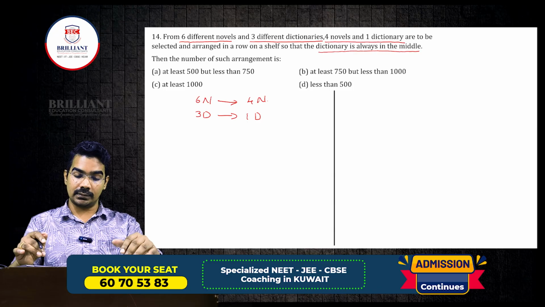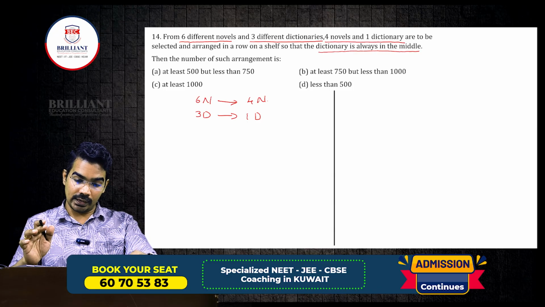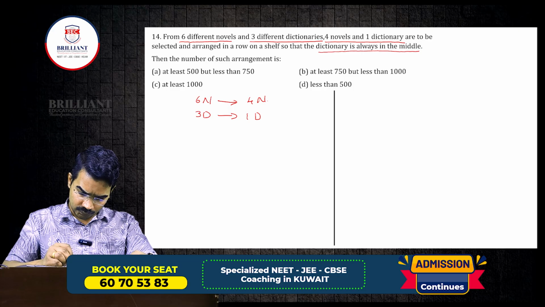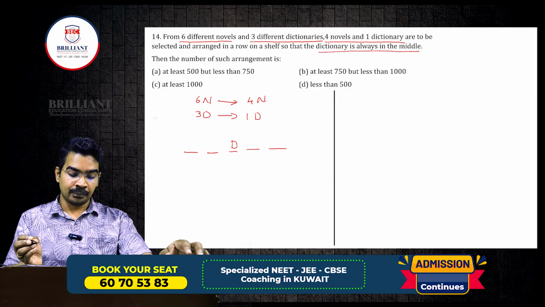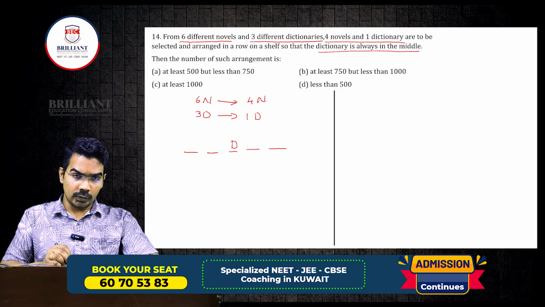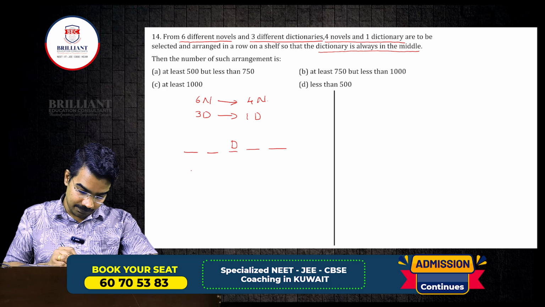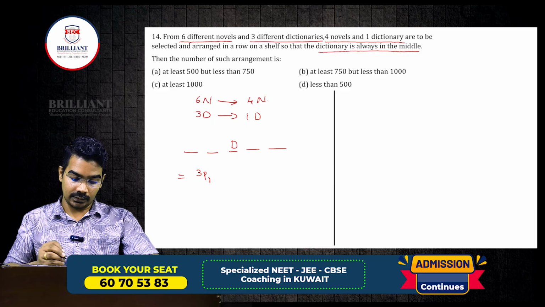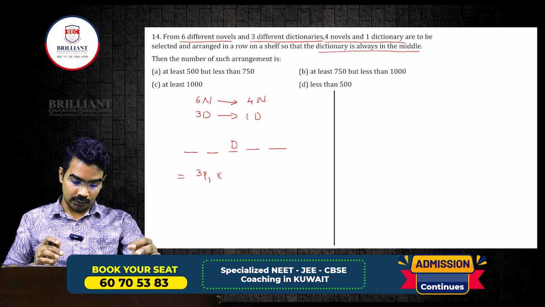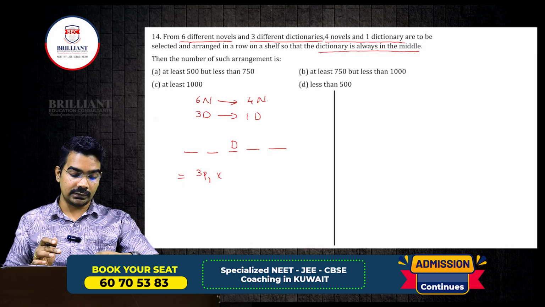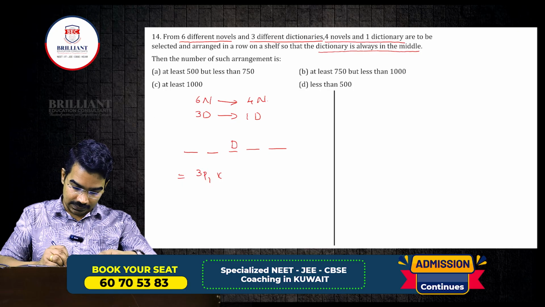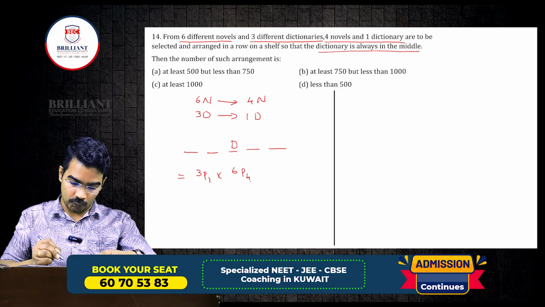And how to arrange this? They said the dictionary is always in the middle. So the dictionary always comes in the middle. Then you have 2 novels at both sides, right? So to distribute 3 dictionaries into 1 place, it will be 3P1, right? And to distribute 6 novels into 4 places, that is 6P4, right?